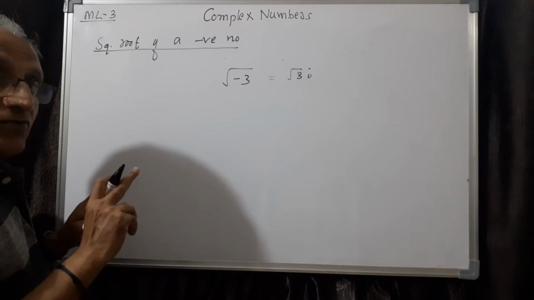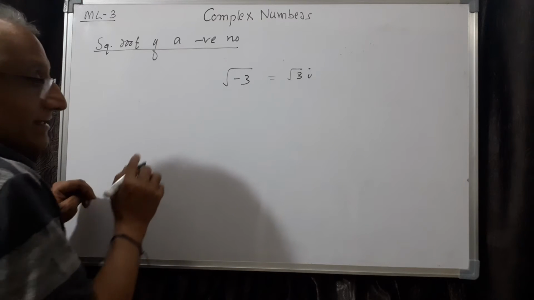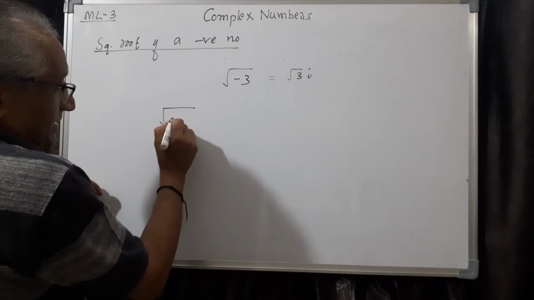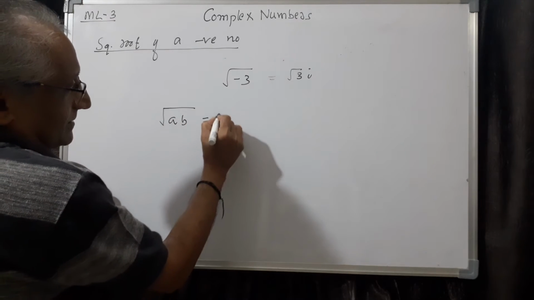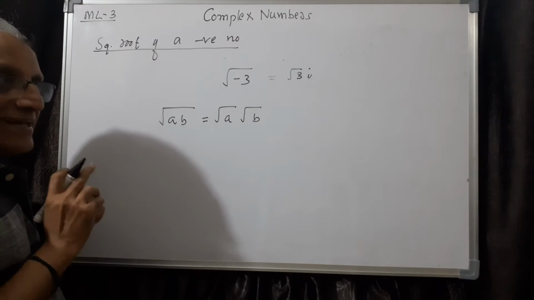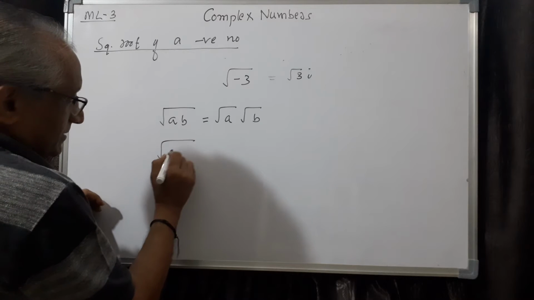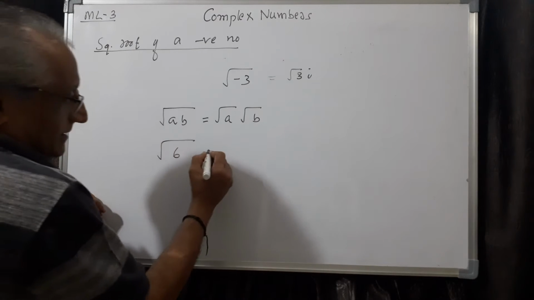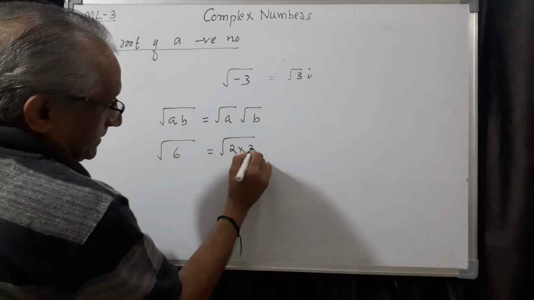Here see, the law of indices cannot be exactly applicable in some cases. Let me take for example, if you take root of AB, this is root A root B. It is not always valid. For example, suppose you take 6, then this will be equal to 2 into 3.